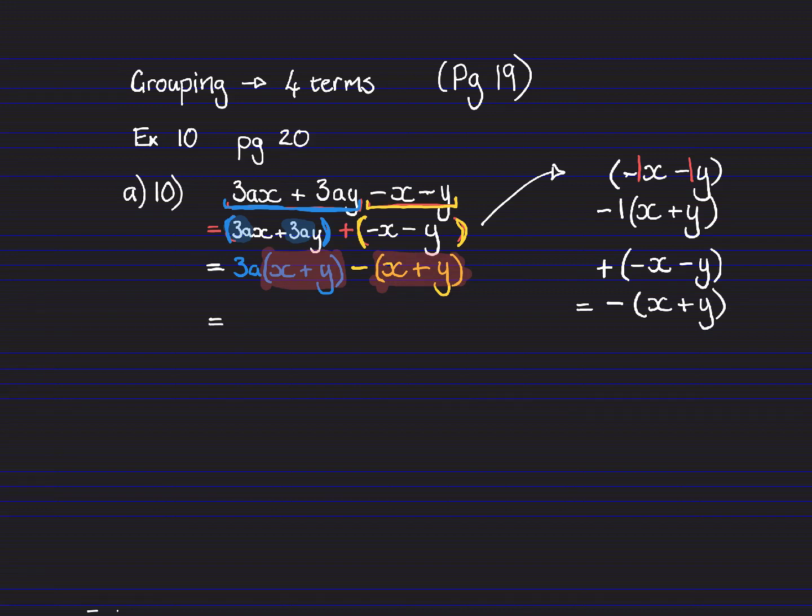So let's take out the common factor of x plus y. And in the brackets, what am I left with in the first term? Well done. And then Jack, you said it with the other one. What is left behind here?